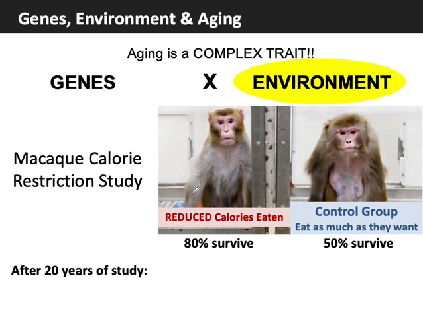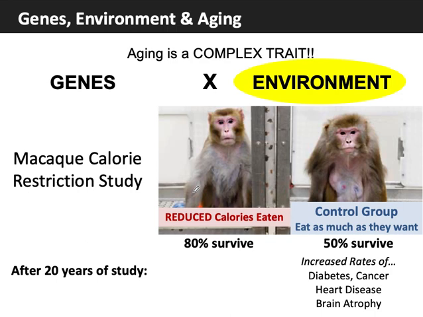So eating as much as you want and not restricting calories contributes to an earlier death. And this is not just in humans, this is in macaques, as in this study, and in other animals. Basically the control groups, the groups that are allowed to consume as many calories as they want, experience increased risk of disease. Things like cancer, diabetes, heart disease, and so on. And so calorie restriction, it turns out, is probably a good thing. It's probably not good to be in a calorie surplus all the time.